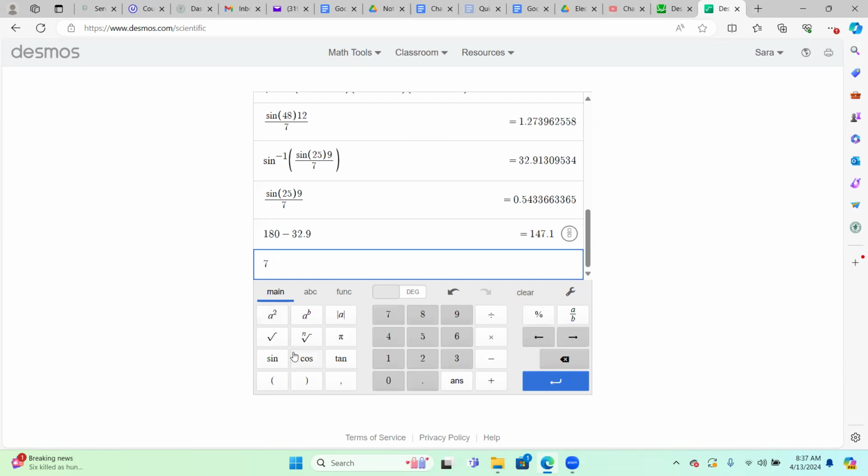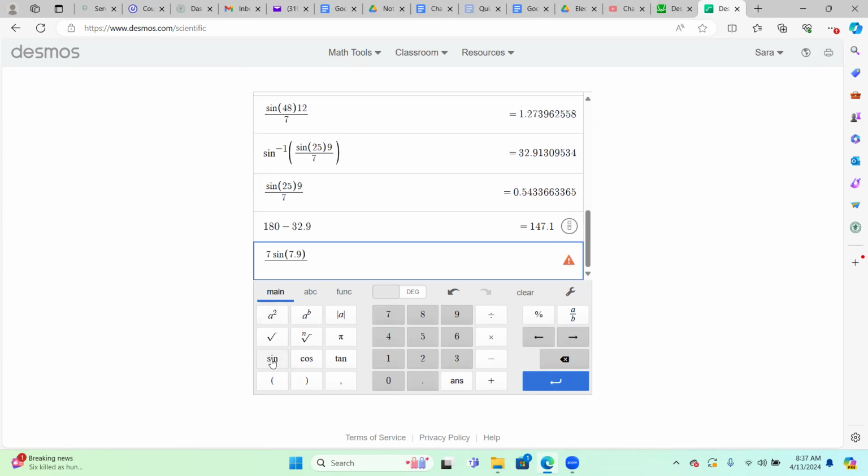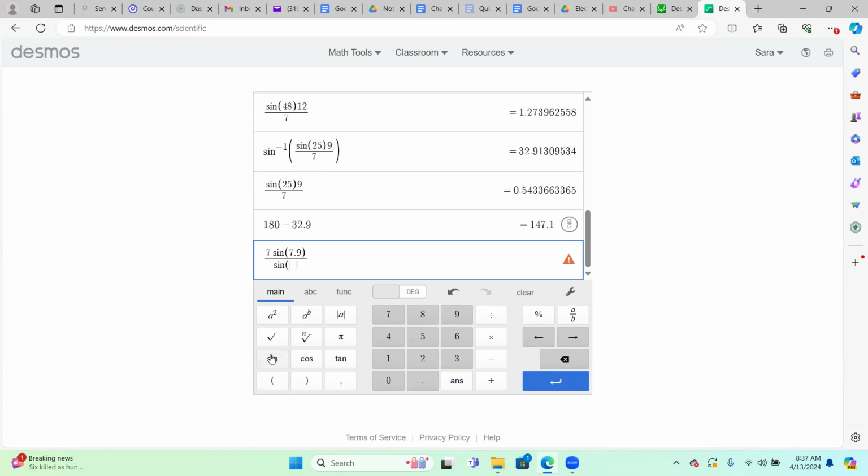And so the length of the side would only be 2.28.